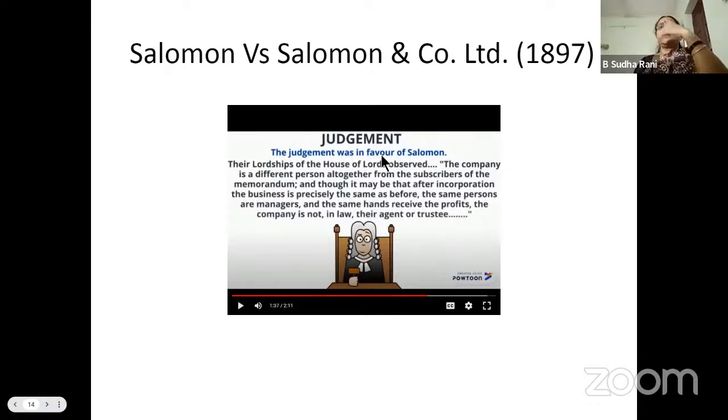The court studied the company and gave the case in favor of Solomon. How? The judge identified that the company was registered as a totally separate entity from the subscribers as per the memorandum, and after incorporation the company had raised income, but the business was precisely the same as before, with the same persons as managers and the same hands receiving the profits.